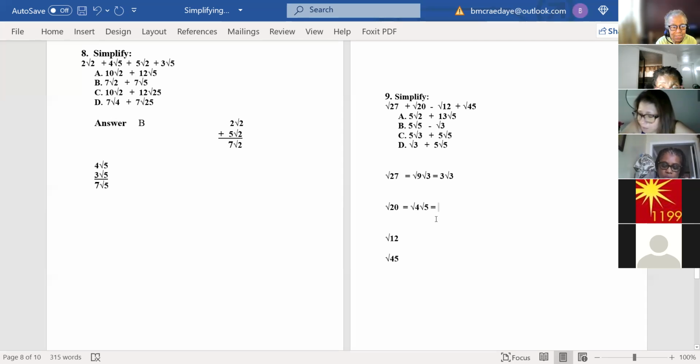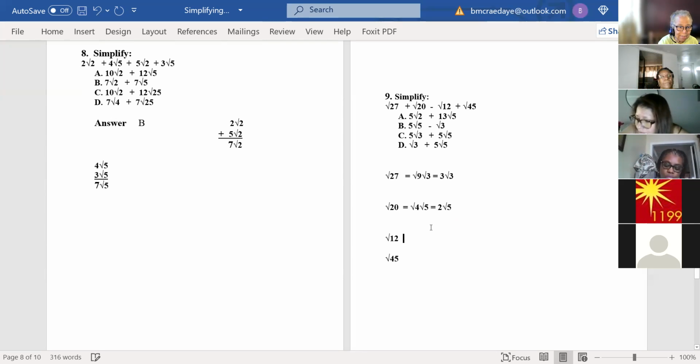Just take the square root and put that in front of the square root of 5. Vanessa, what's the square root of 4? 2. Okay, and that would be the square root of 5. Yes. Okay, so we got that one.